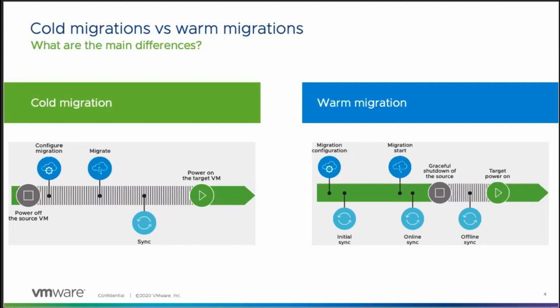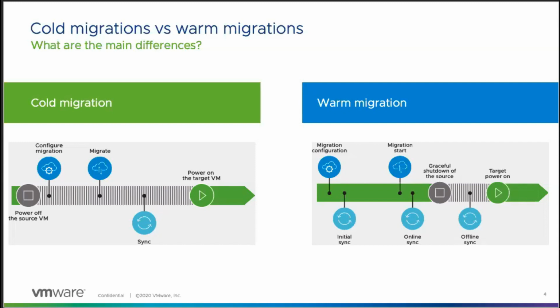Then once we have finished this step, if we don't run the migration process right away, every 24 hours we get another synchronization of the disk of this VM. And once we start the actual migration, we have the online sync, which again performs a delta synchronization with the existing state.